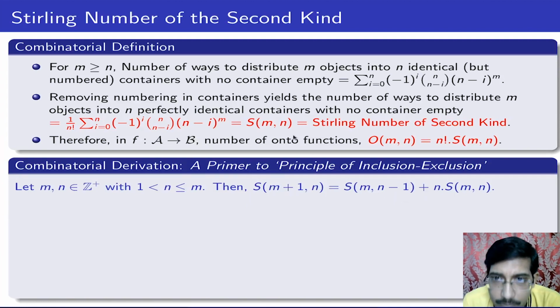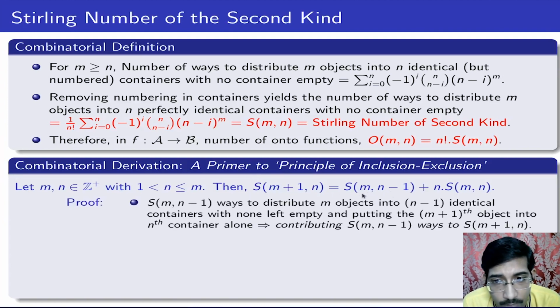What does this mean? It means I have m plus 1 objects to be distributed into perfectly identical n containers. What are the two different ways we can do it? One is that we distribute m objects to n minus 1 containers, and then the remaining m plus 1th object we put into the nth container that only will take that one object.